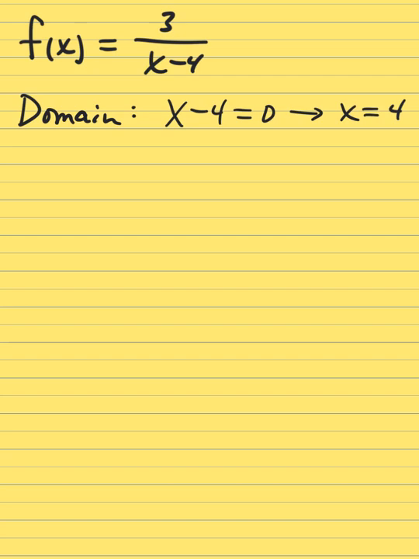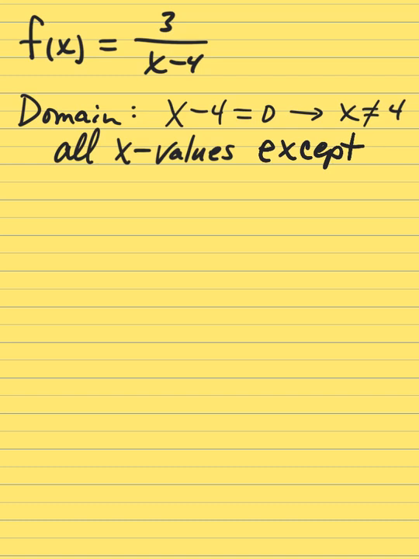Now, since you don't want a 0 denominator, your domain is all values of x. I'm just going to write it instead of the interval notation like the last example. All x values except 4. That's just an informal way to write it.